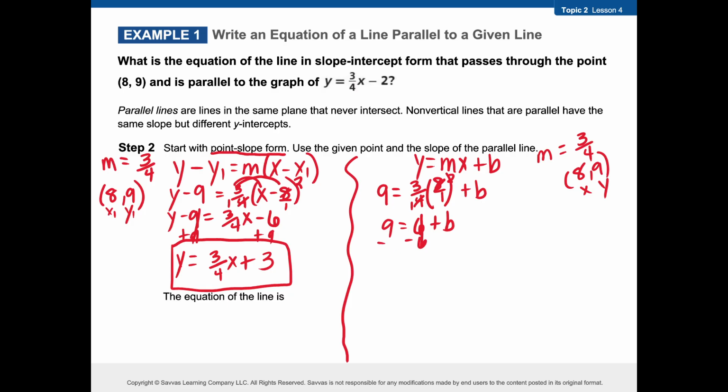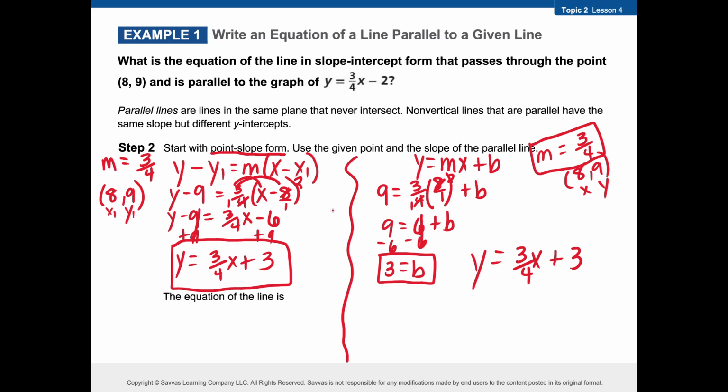Subtract 6 from 9. 3 equals b. So now you have your y-intercept. You know your slope is 3/4. So you end up with the same answer. It's whatever form you like to use and is easier for yourself.